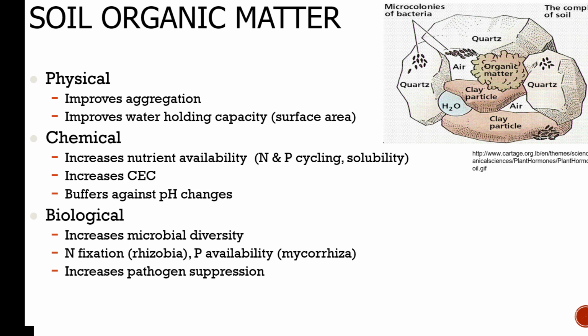We will continue to discuss that throughout the quarter. And then it buffers against pH changes. And of course, biologically, it increases microbial diversity. It helps with nitrogen fixation, helps with phosphorus availability, which is through mycorrhiza, and increases pathogen suppression. So always a good thing in your soil.